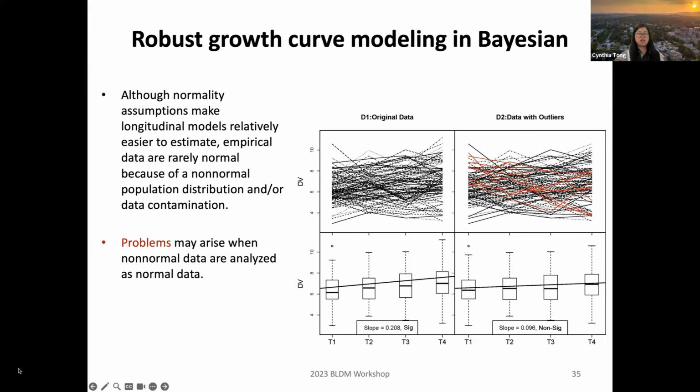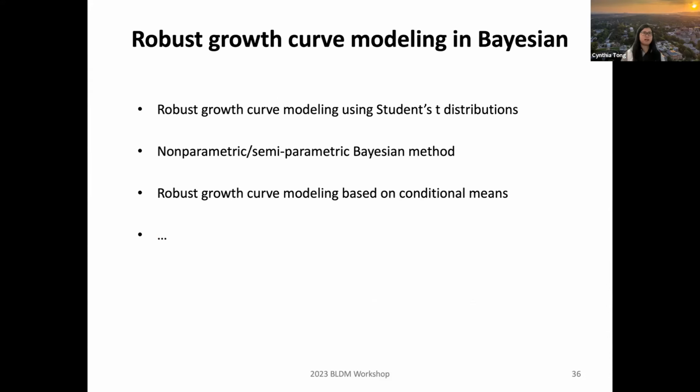So with 10 outliers in this data set, if we analyze the non-normal data using the traditional method as if they were normal, then we get a different conclusion. So that's why robust analysis is needed in practice.